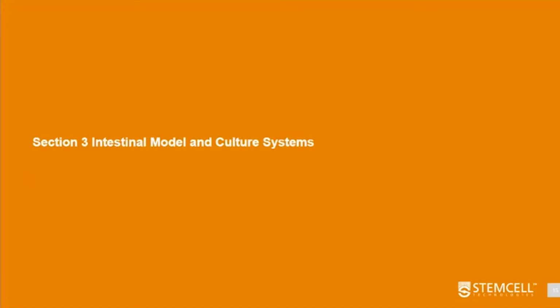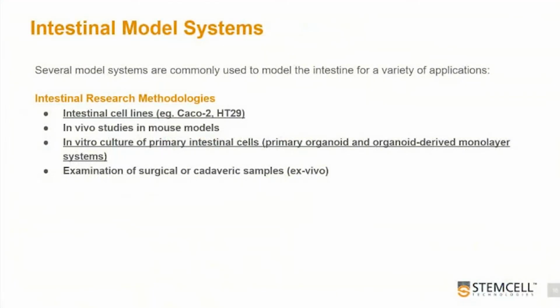In section 3, we will discuss intestinal model and culture systems. There are several different model and culture systems used to model the intestinal system for a variety of research applications. The first model system highlighted here is the use of immortalized intestinal cell lines, for example, CACO2.